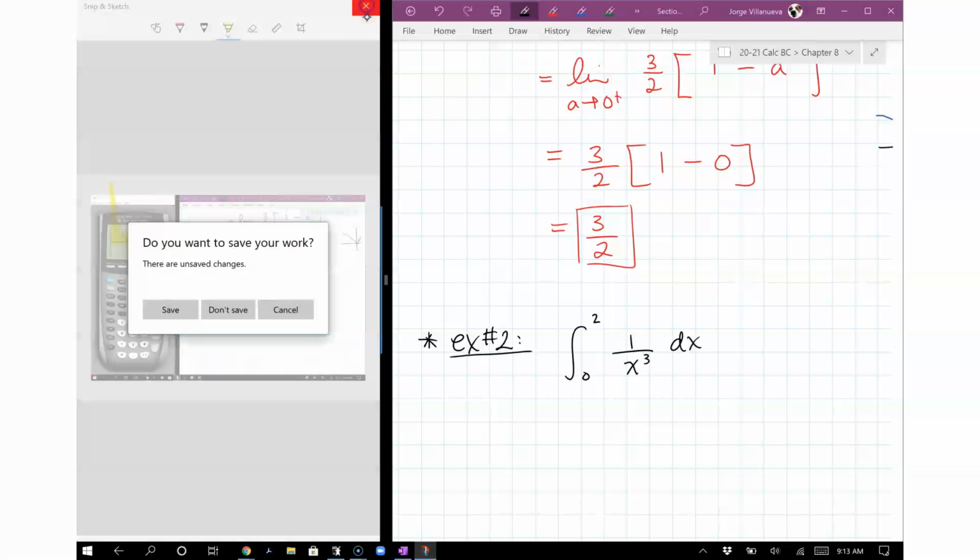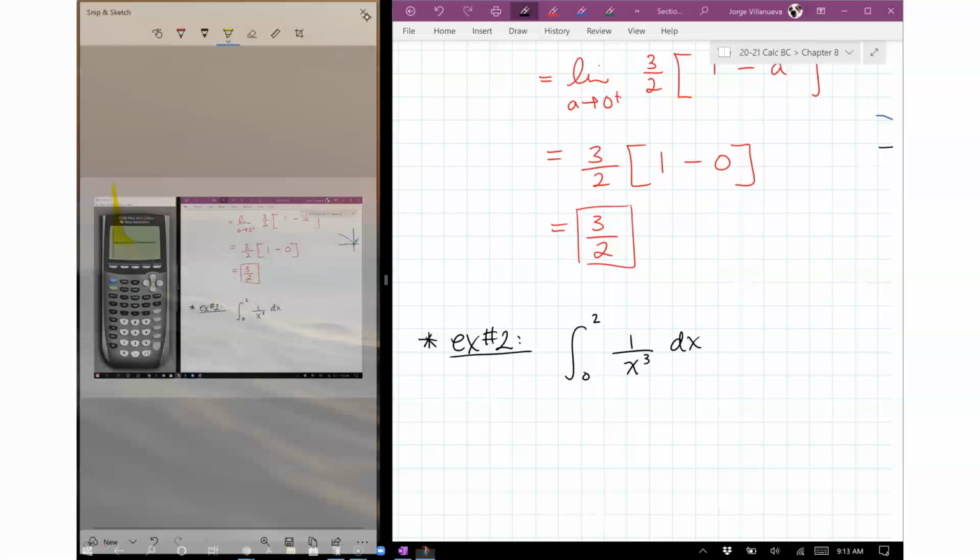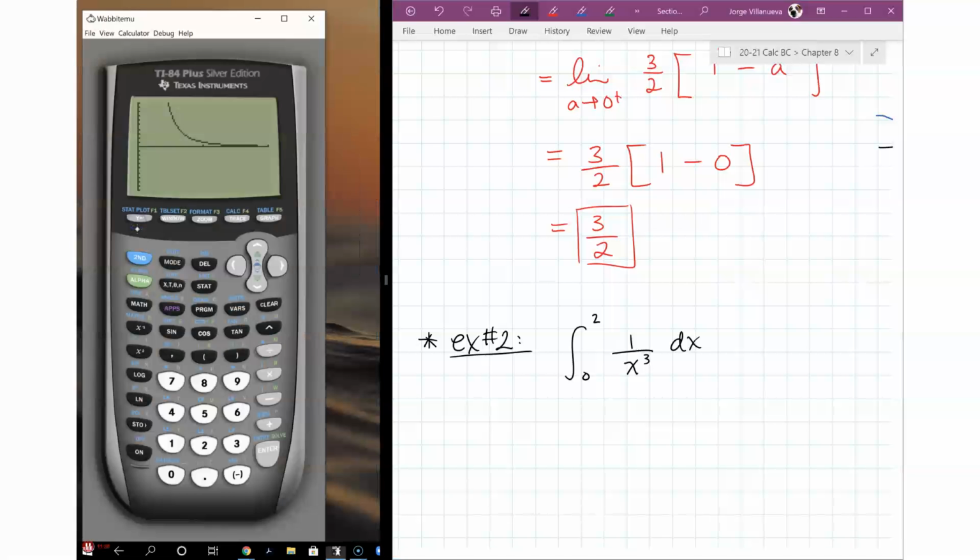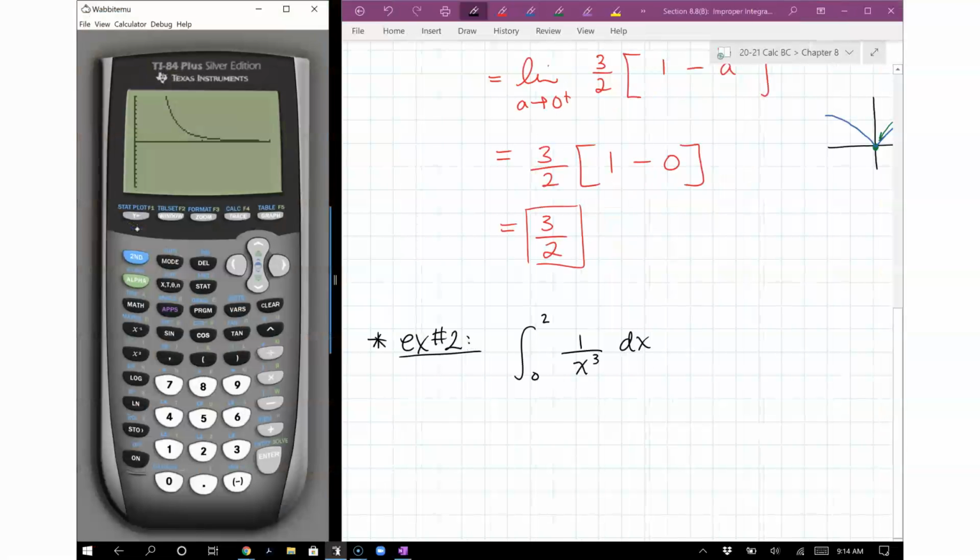So what I need to do is I need to say, okay, 0 is going to cause a problem. Okay, so since 0 is going to cause a problem, I need to substitute it out. So we're going to do what we just did. The 2 doesn't cause a problem. Remember, you could always just plug them in on the edges and see if it works. And if it does work, then great.